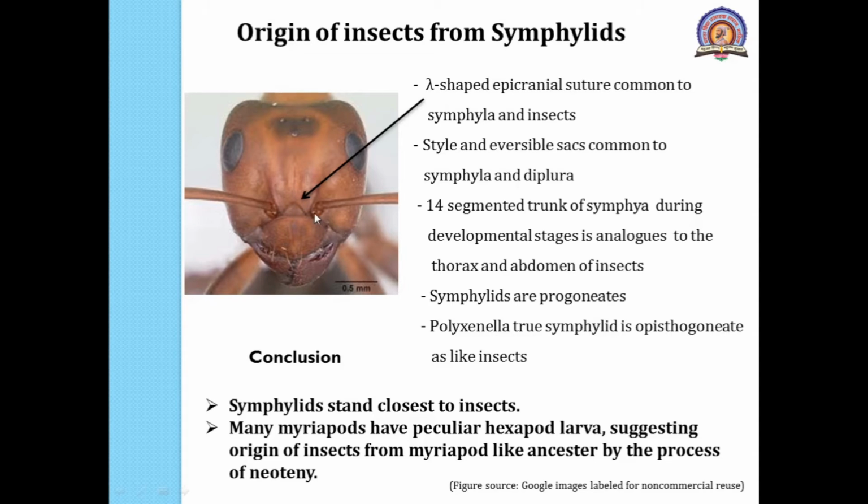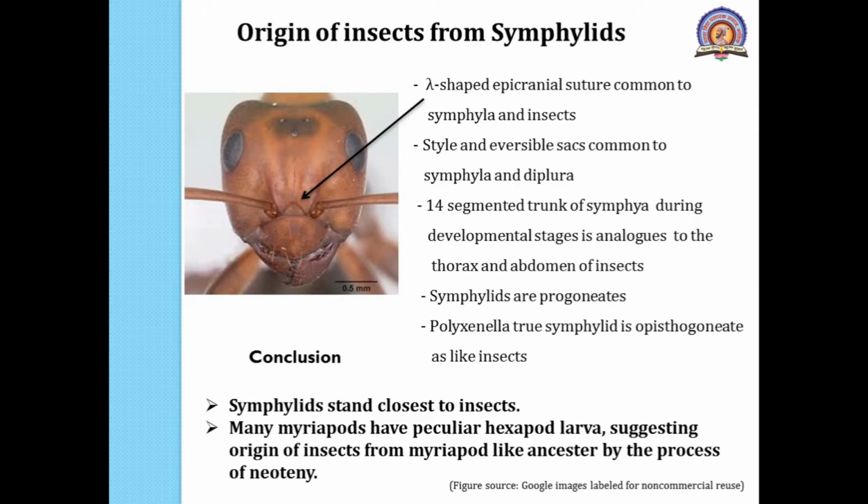This suture is well evident in many insects, and is again one of the common features of the Symphyla. The structure of the postmandibular appendages is similar, as is the nature of the hypopharynx in this group. So the hypopharynx is similar in both the symphylids and a few insects.